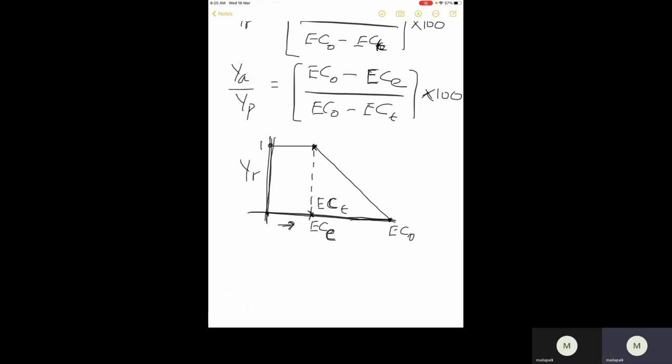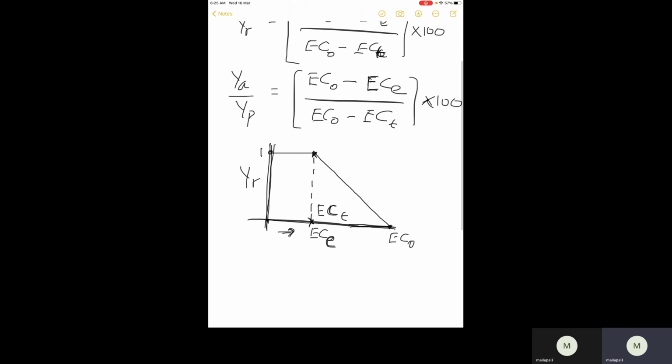This is only possible when ECE is less than or equal to ECT, then YR is equal to 1.